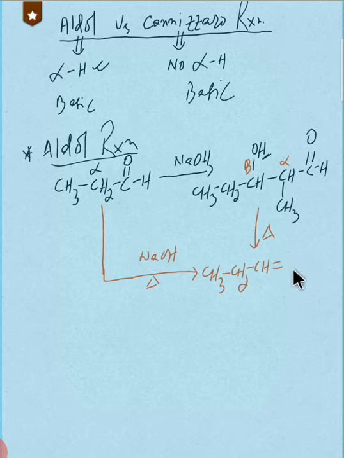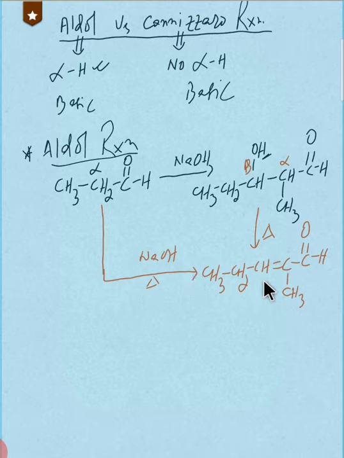These two hydrogens will go out with one oxygen atom of one molecule, and so a double bond will be there, and to this carbon atom methyl group will be attached. This will be our aldol condensation product.